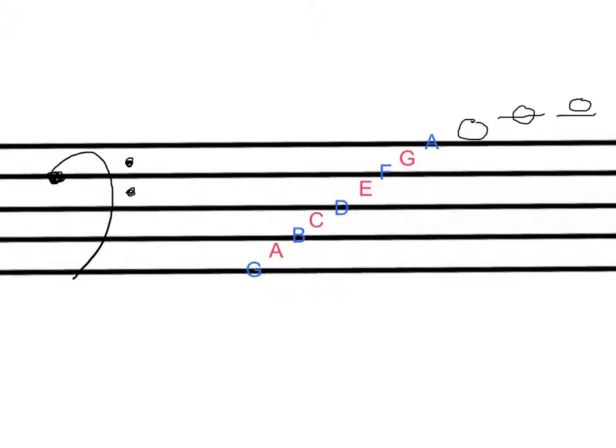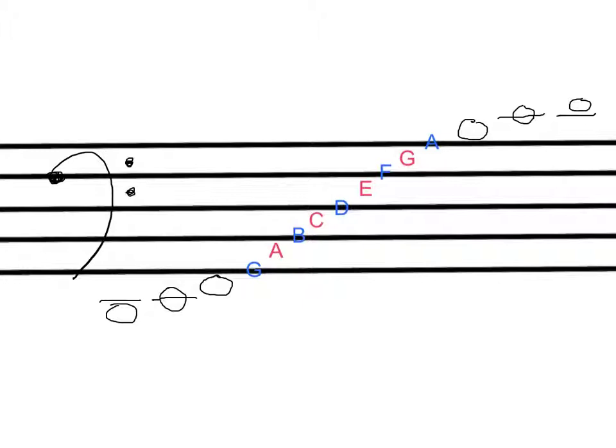Now, if I go over here, I'm going to go below the staff. So I'm going to write a note here, which would be on a space because it's a line, and then I'm going to have to draw another line. Right, and I'm going to draw that line again for a note below. Okay, so I have 3 notes above, 3 notes below.